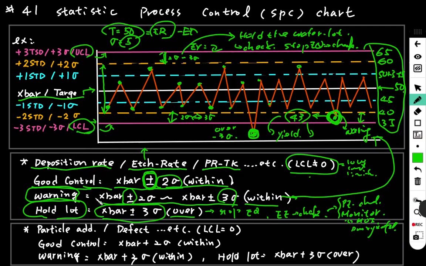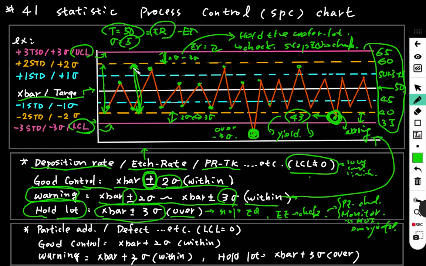So you can select the 2 sigma area. We want the etching rate controlled inside the 2 sigma area.